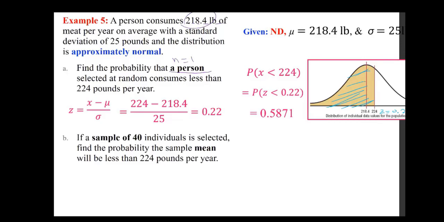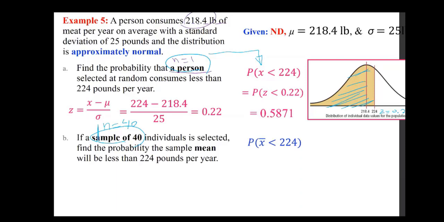In the next case, we are dealing basically with the same thing, but notice, and this is extremely important, n equals 1 in part A. In part B, n is equal to 40. In fact, it's important to know when n equals 1, you use x. When n is not 1, any number larger than 1, we use x bar. So what we want is the probability of x bar larger than 224.